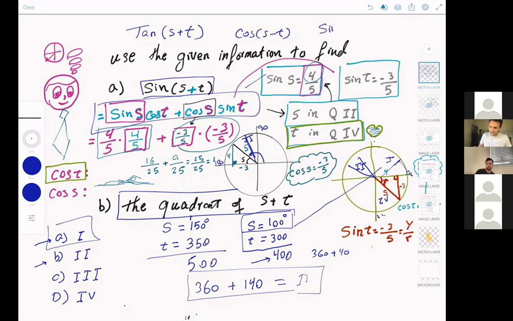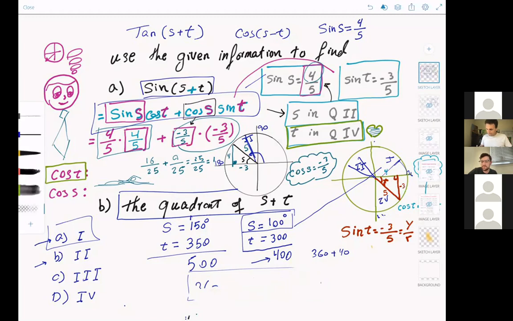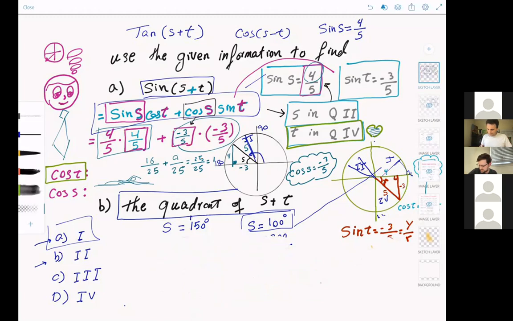Sine of s equal to 4/5. How do we solve for s here? 4/5 is not on our unit circle.